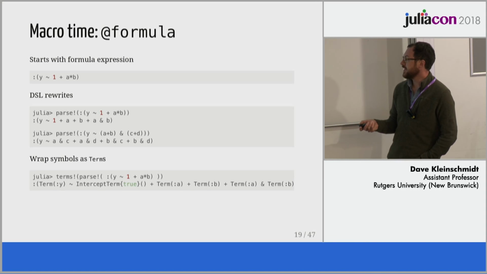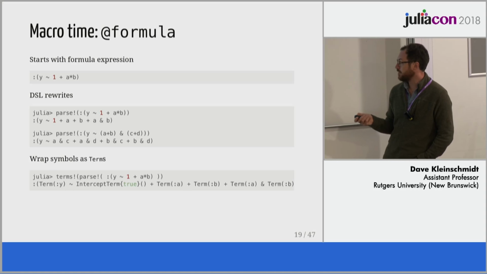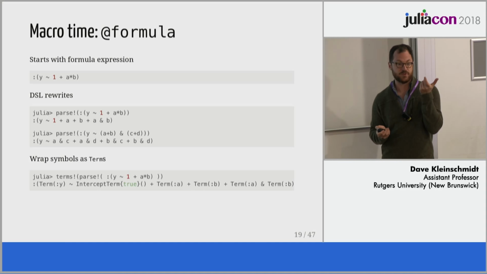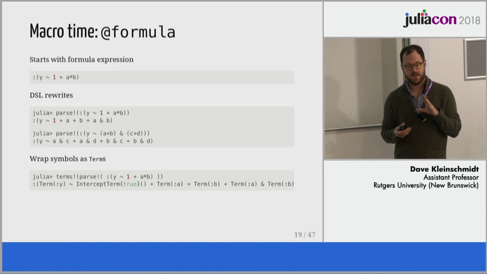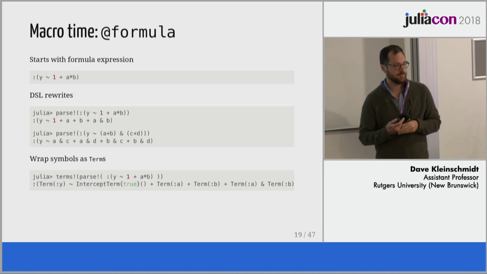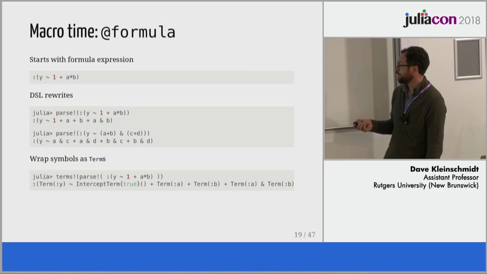Okay, and then finally, this terms exclamation point wraps all of the symbols in constructors to a Term struct, which is a sort of internal lazy placeholder marker for a column that you will eventually pull out of your tabular data store. Right?